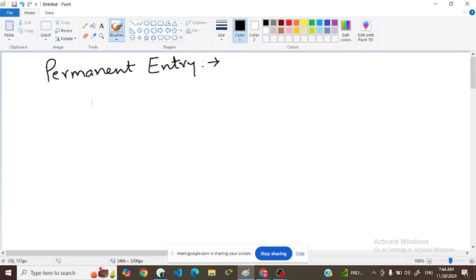Suppose here we have routers R1, R2, R3, and we have configured static routing via exit interface or next hop IP on R1, R2, and R3.